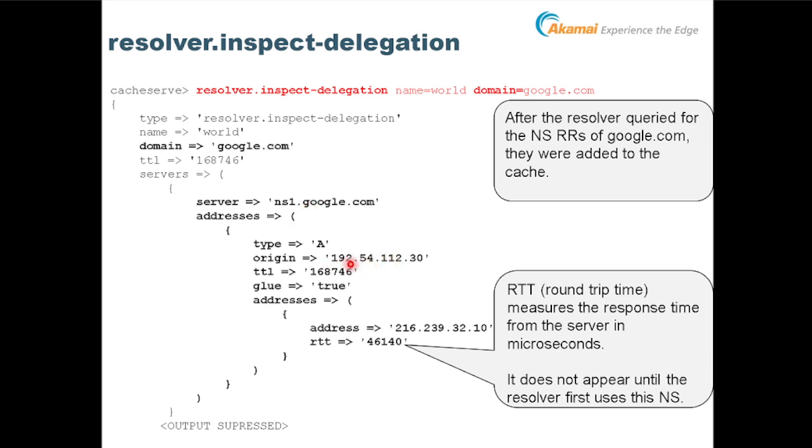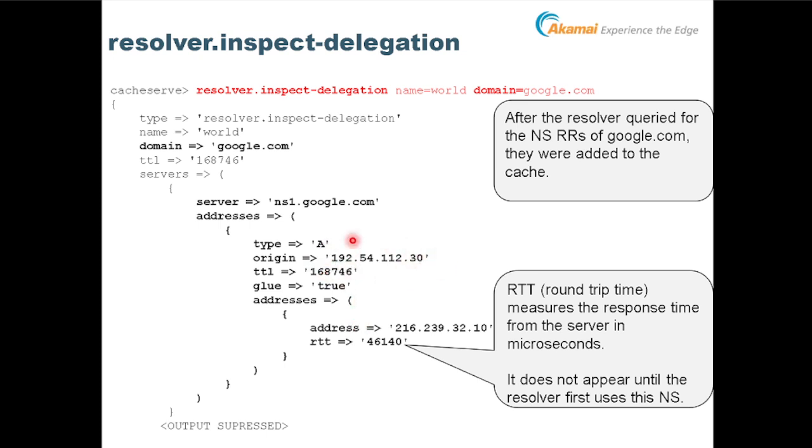So this is the sense in which the data is less reliable. It's just not authoritative data. It's from an authoritative server, but it's not from the owner. It's from the parent. So the .com servers, not the root servers, but the top-level domain name servers, are the ones that provided this information.